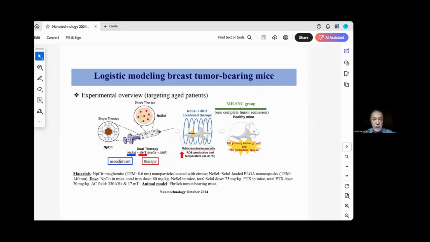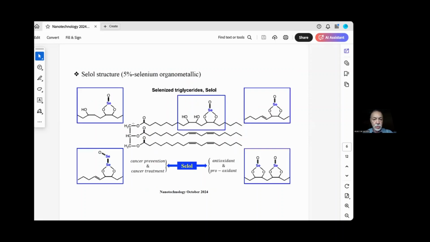We started treatment of the animals using injection of a suspension containing these nanocapsules, including selenium and magnetic nanoparticles. Then in some selected groups of animals, we performed magnetohyperthermia, and we followed the tumor growth as a function of time. Actually, we selected 8 animal groups.